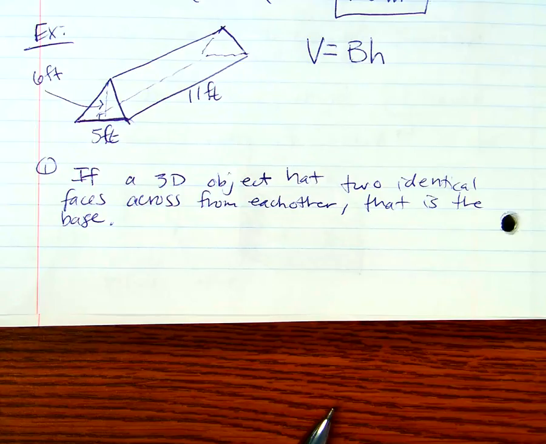So let's go back to figuring this out again. Let's start by considering this. Does anybody see a shape in this diagram that matches another shape exactly that is on the opposite end? Iris? The triangles. Those triangles are our base.